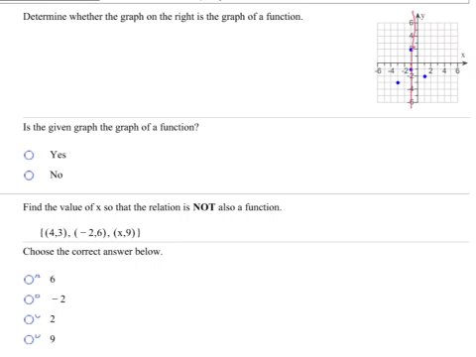So this point is (-1, 2). And the point below that is (-1, -1). So we can see that the x value does repeat. So this is not a function.